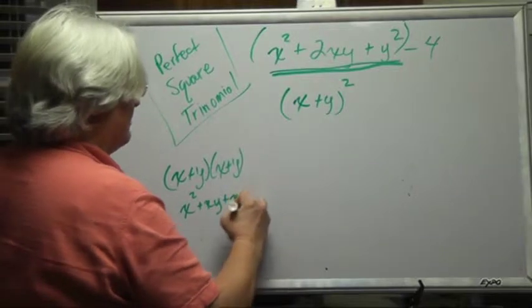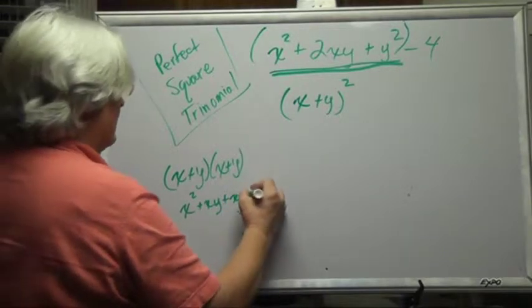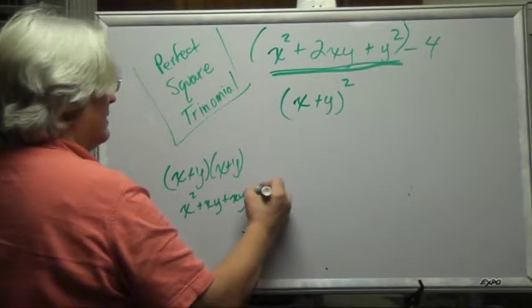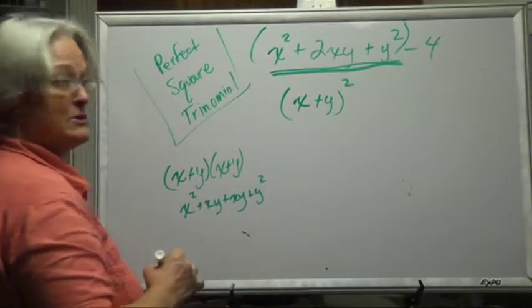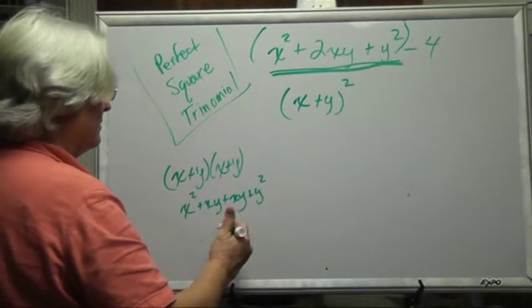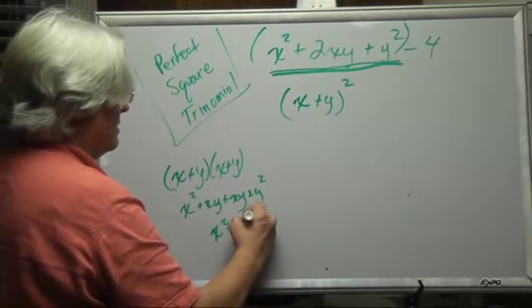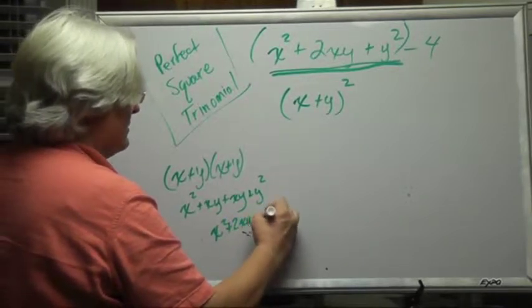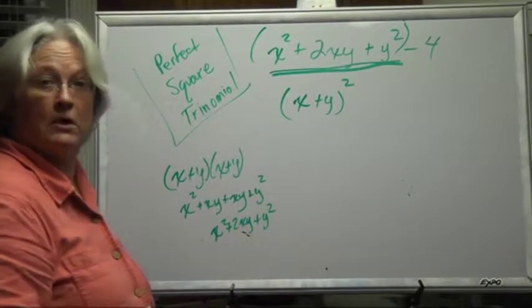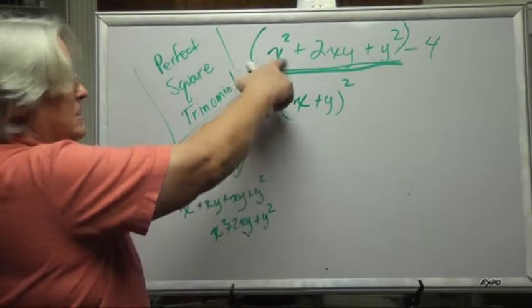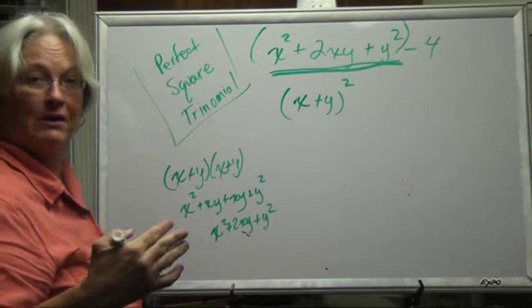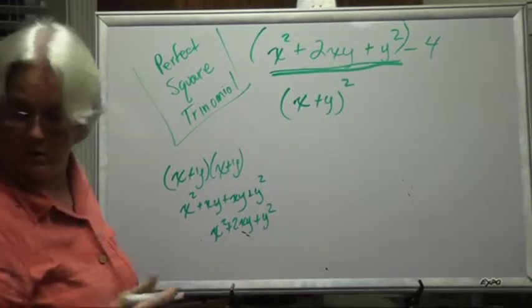I'm going to put that in alphabetical order. The last partial product, y times y, is y squared. You combine the like terms: x squared plus 2xy plus y squared.